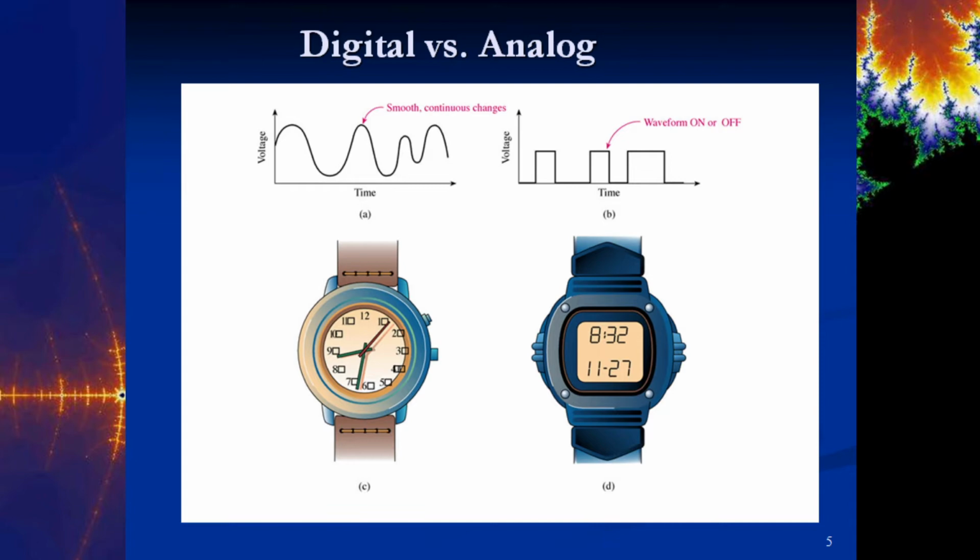Here, you could try to pick a point in time that's in between two points of a sample. You'd have to magnify that, but you could possibly have that happen. So with a digital signal, it's all about how quickly and how accurately you can sample an analog signal and convert it.